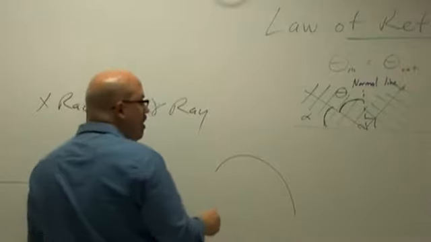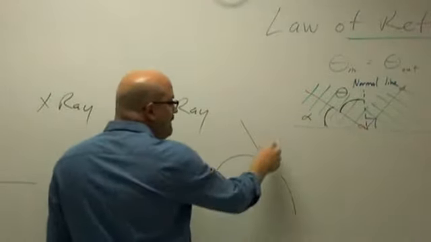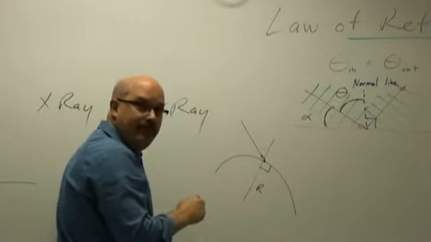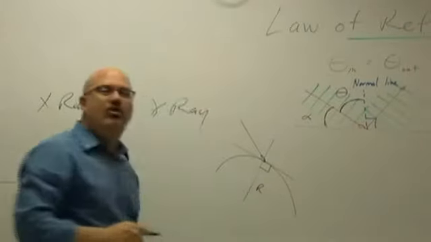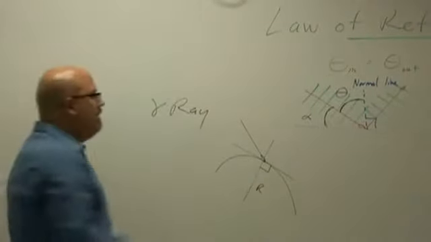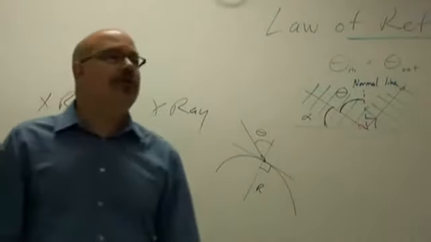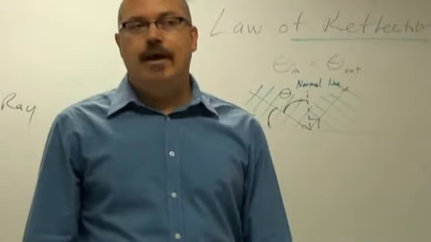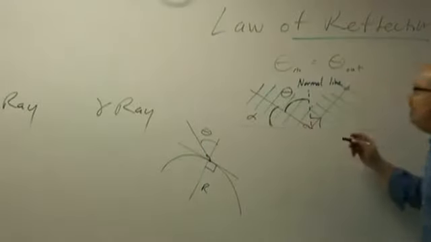And if our surface is curved, and the ray comes in and hits at this point, it's actually easier to draw a normal line because a normal line is a radius to the curve, whereas the tangent line would be harder to draw in most cases. So it's easier for us to measure to the radius, or the normal line, than it is to measure to a tangent line. So that's why it's picked that way. That's the only thing funny about it.